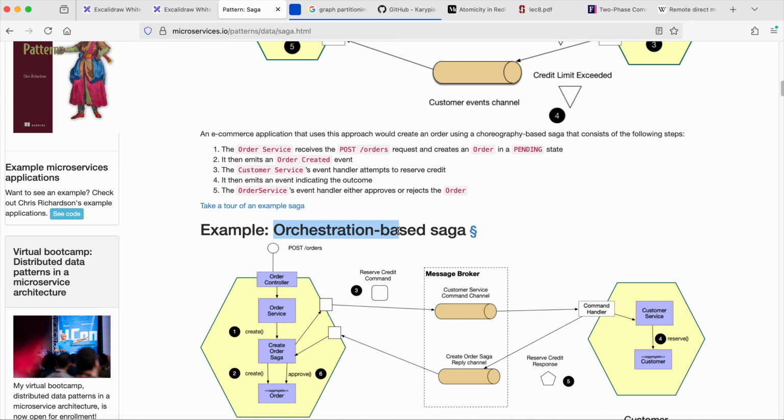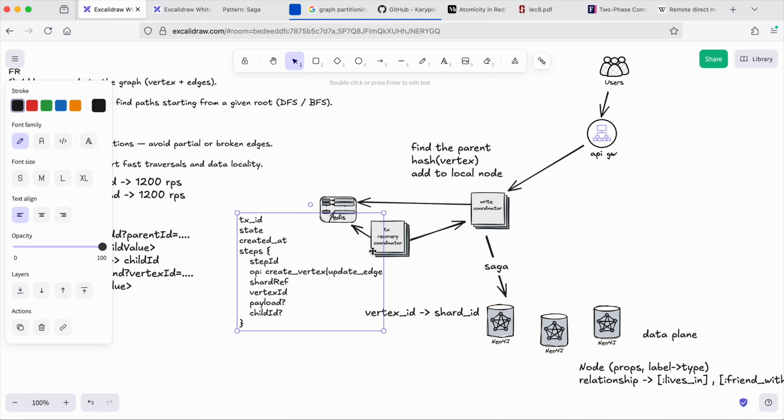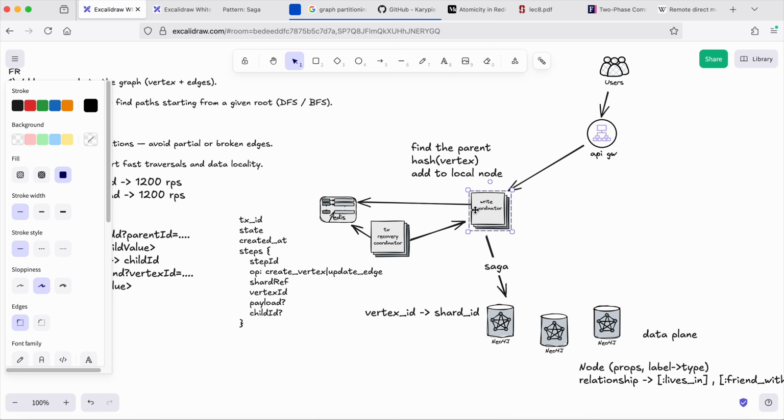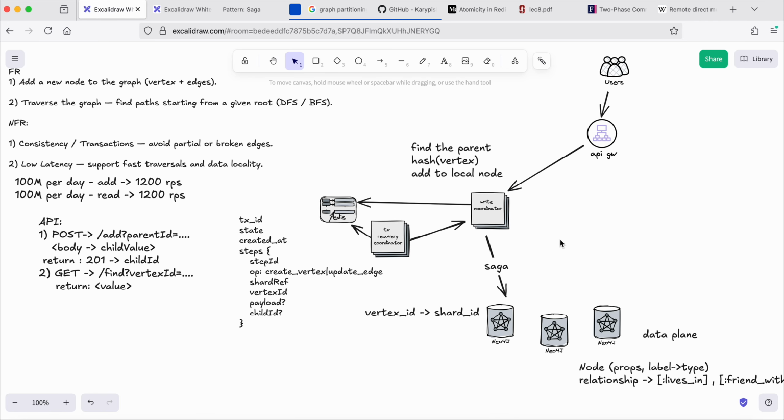So I'm talking about the orchestration-based Saga here, and our write coordinator will be this kind of guy who manages it. Let's summarize.